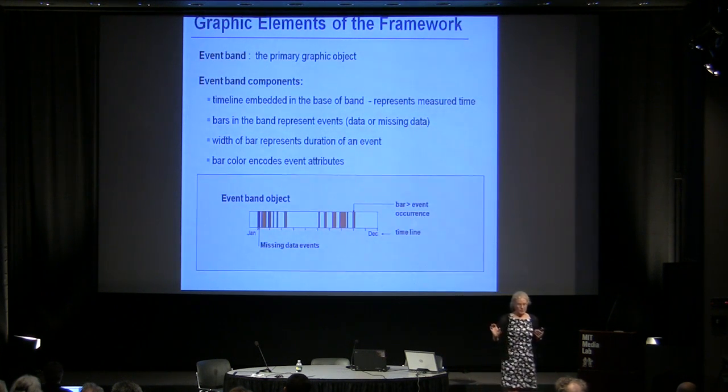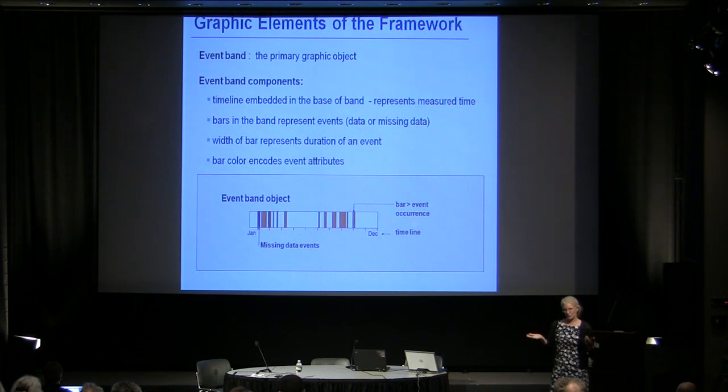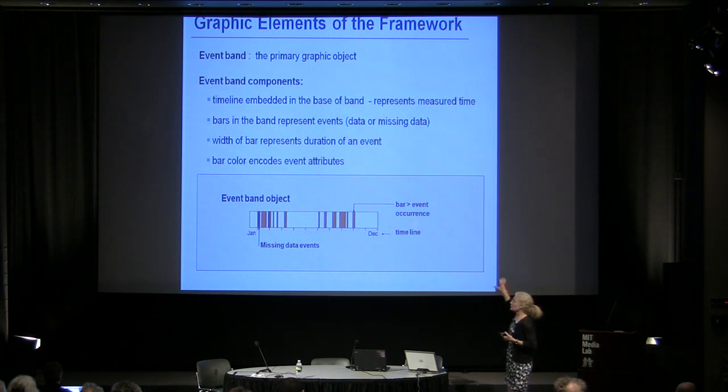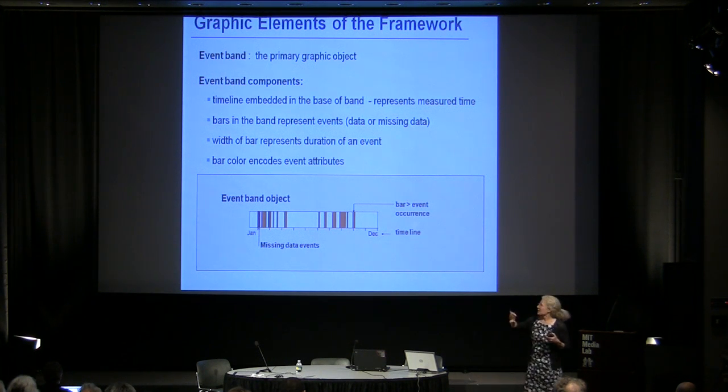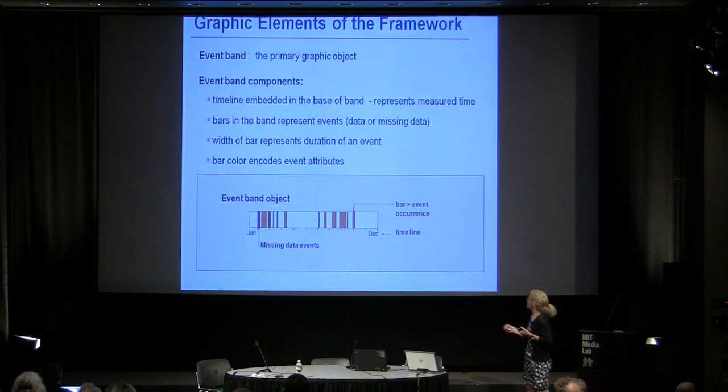So the first graphic component, you can think of these as containers of events. Events occur in space, and events occur in time, or they have types. So the event band is our bottom layer graphic component for displaying events. You can think of it as a container again, and the events are expressed within this container.